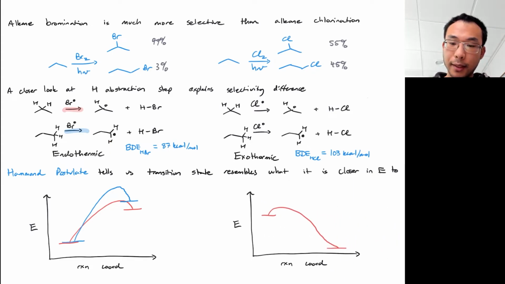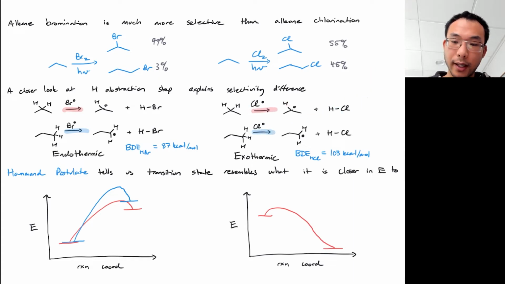We can do the exact same analysis for the other reaction that involves chlorination. Same idea. The difference now is that we're going overall downhill in energy because it's exothermic. We're starting at the same place, same two reactants, and we're forming two different products where the primary radical is again less stable than the secondary radical. That means the blue curve should end higher than the red curve.